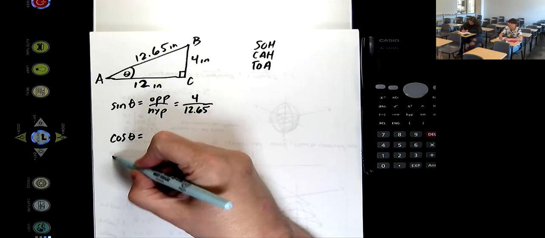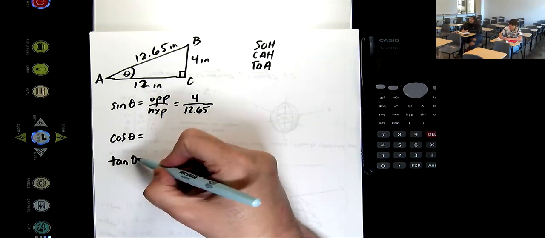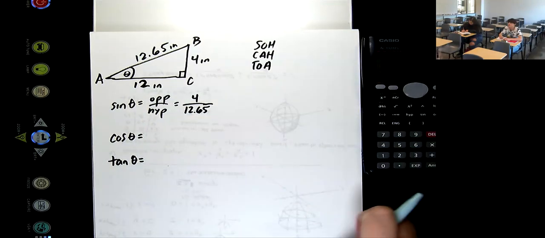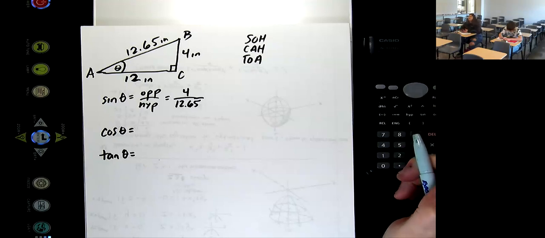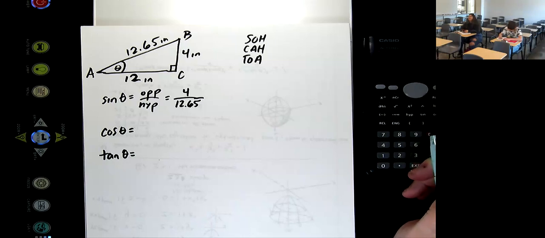Someone help me with cosine of theta and tangent of theta. What do we get for those? You don't need the calculator. Just what's the fraction answer?